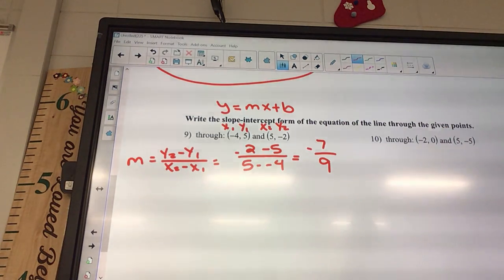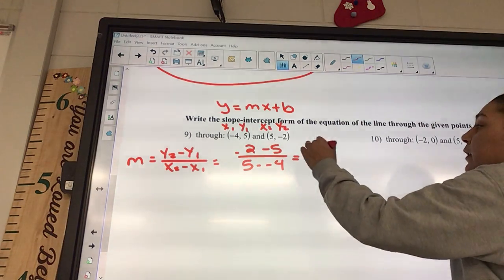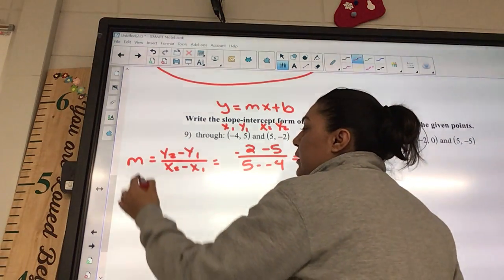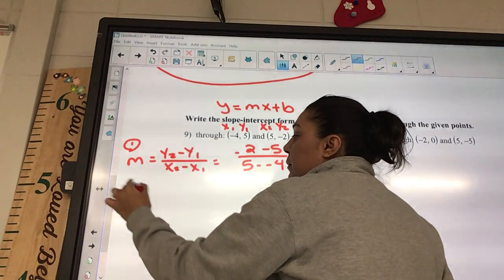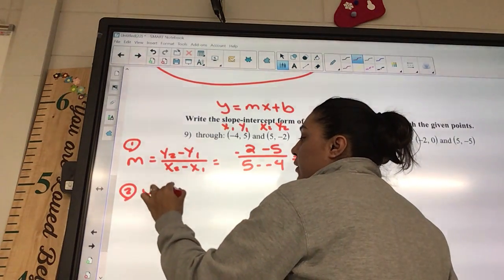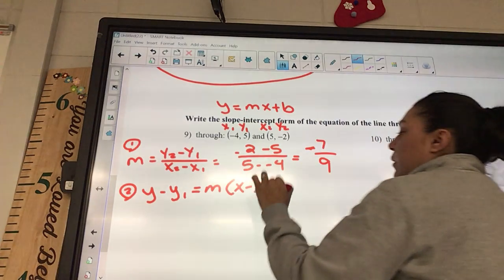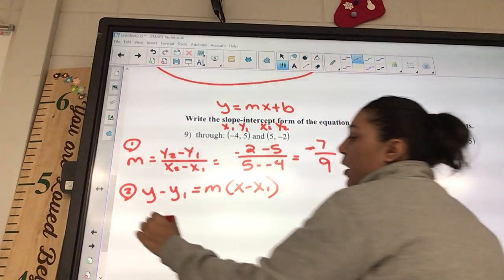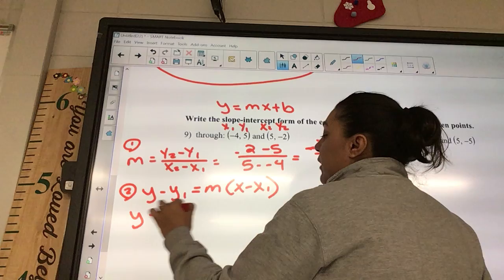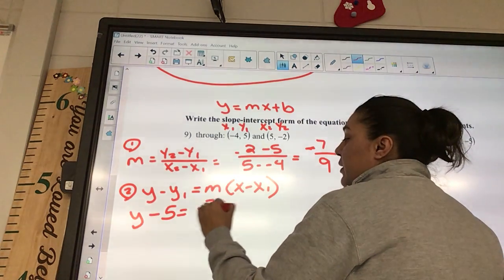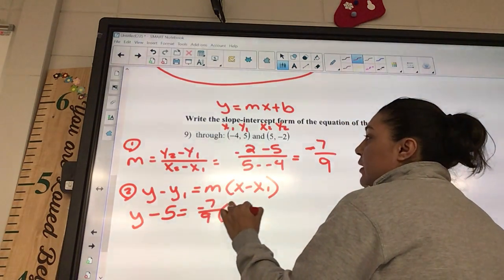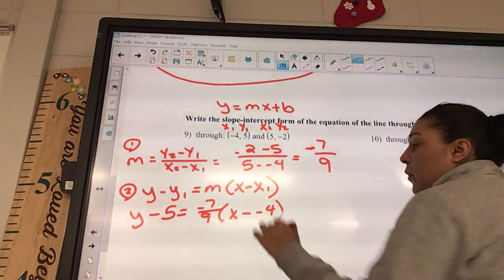Okay, so we got this, and this is our slope. Now, this is like step 1. Step 2 would be to use the point slope. So we have y minus 5 equals, my slope is 7/9, x minus, and my x1 is -4.